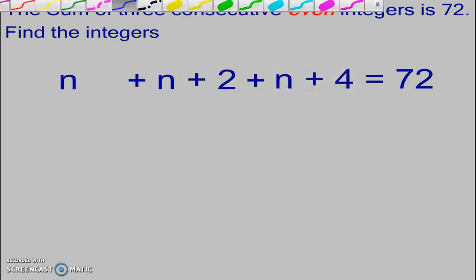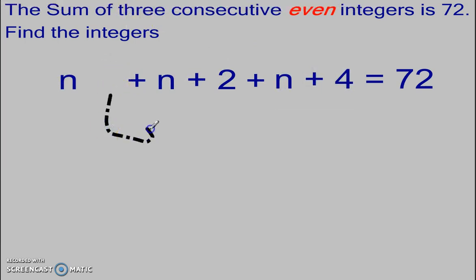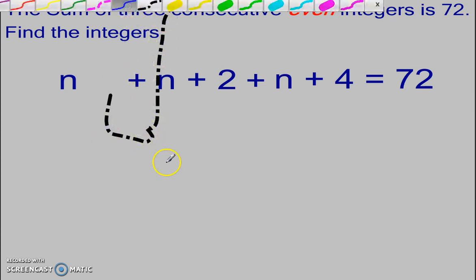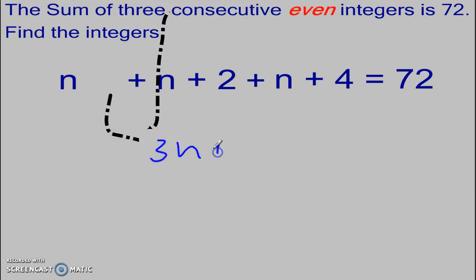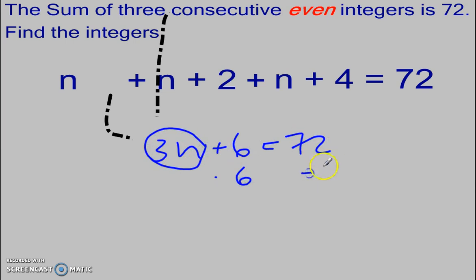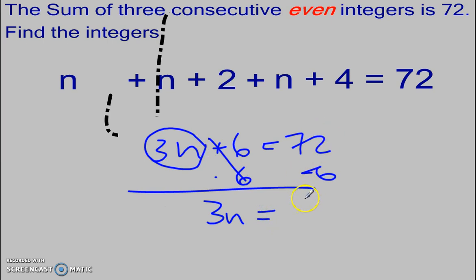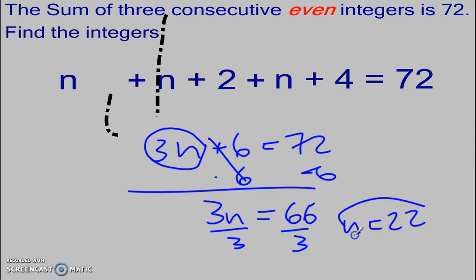So, then to solve this, we get 3n, plus 2 and 4 is 6 equals 72. Circle 3n, subtract 6 from each side. 3n is equal to 66. Divide by 3 on each side, and n is equal to 22. So those three numbers are 22, 24, and 26.